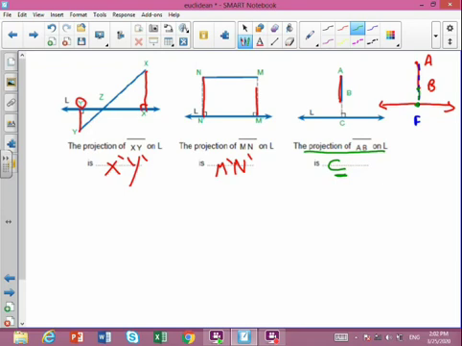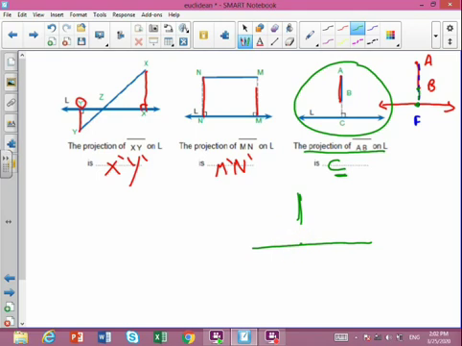So the projection of a line segment on any straight line is a line segment, except for this case. In this case, if the line is perpendicular to another line, the projection is a point, only a point. It's not a line, because both points will go down to the same point. Okay?